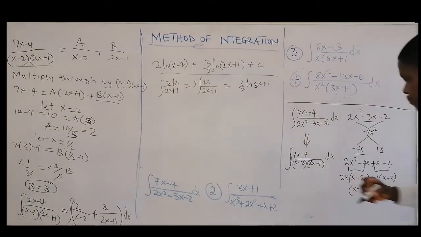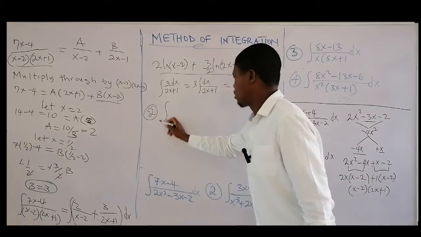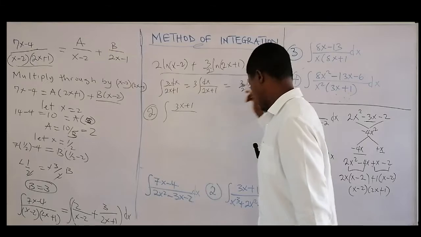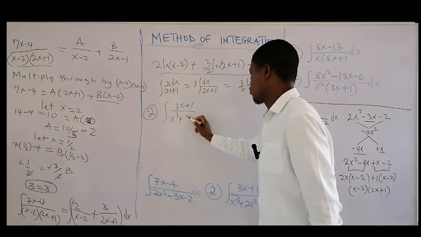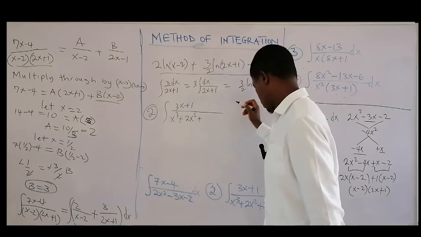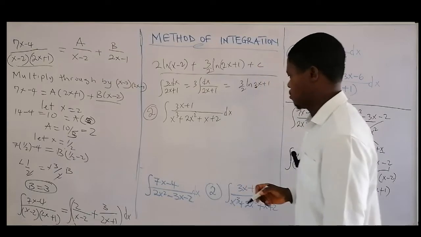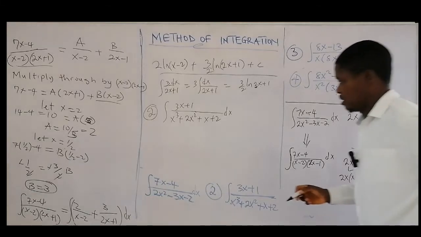So question 2. The integral of (3x plus 1) over (x cubed plus 2x squared plus x plus 2). Let's factorize the denominator. Let's check if it's factorizable. It is.